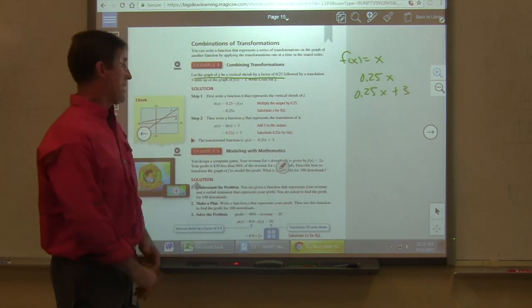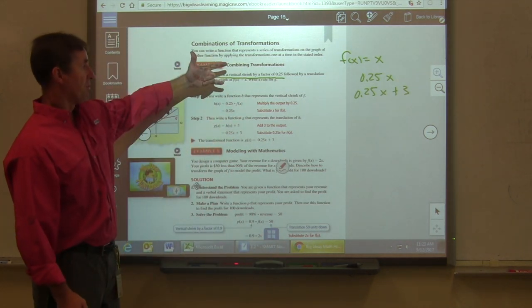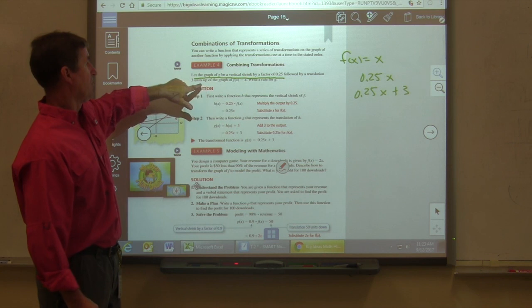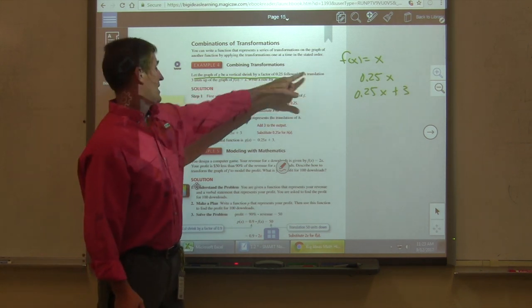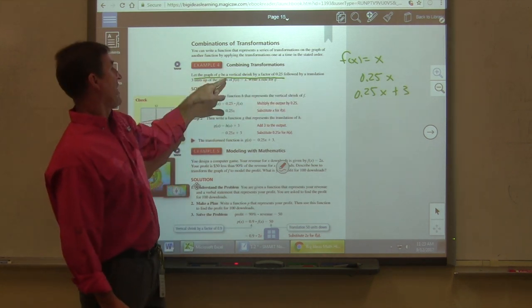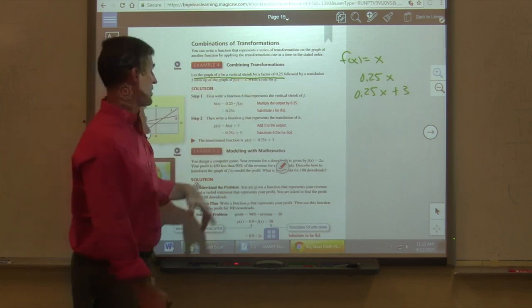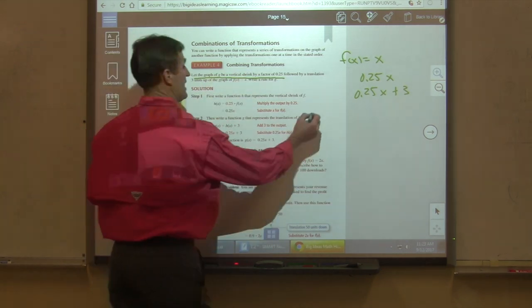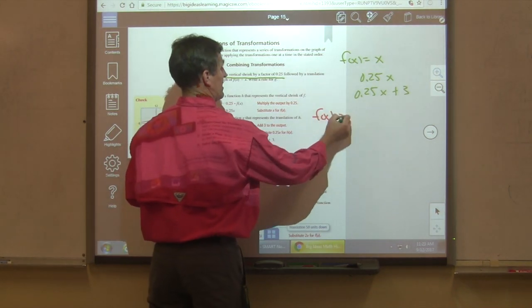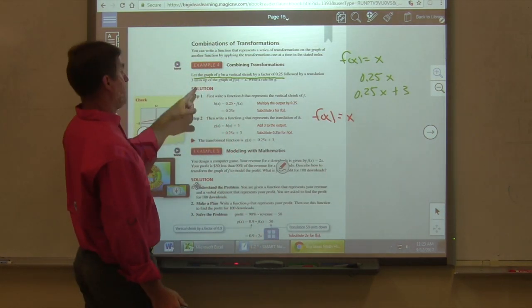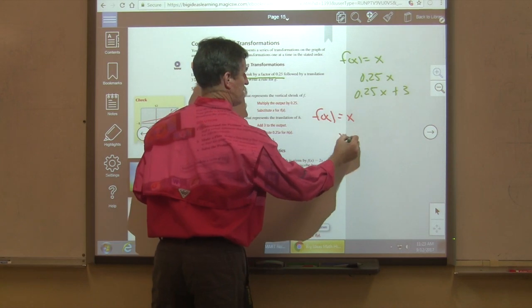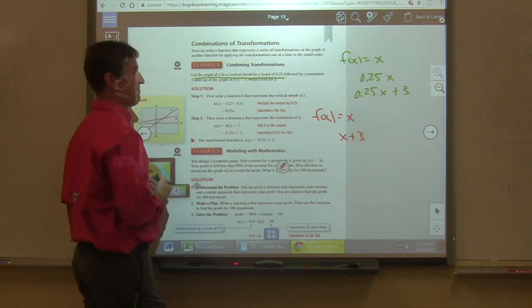Now, where it can get confusing sometimes is it depends on the order things are written. If we did this same problem, but we did it in reverse, if it said do a translation 3 units up and then followed by a vertical shrink of 0.25, it would look a little bit different. Because if I did that, the first thing I would do is add 3, right?